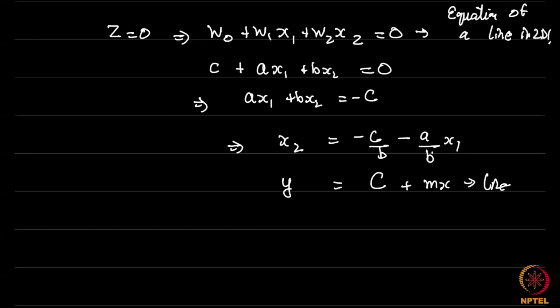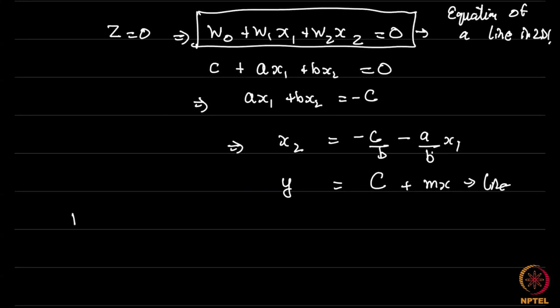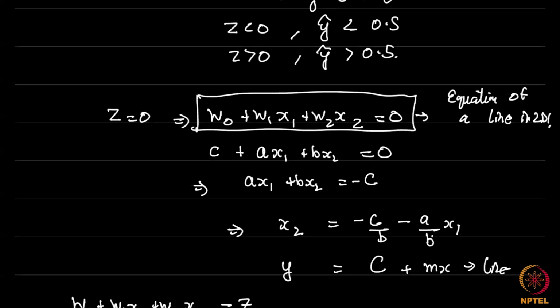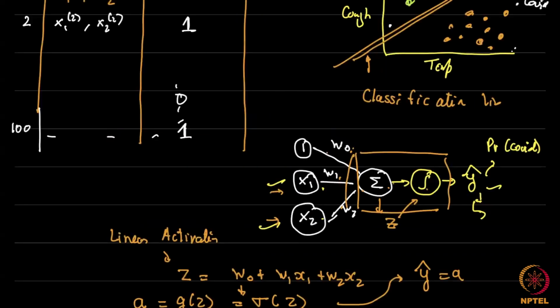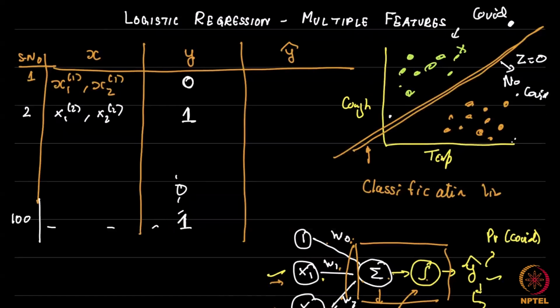Similarly, z in general is W0 plus W1 x1 plus W2 x2. Now you might have to brush up your 2D analytical geometry to remember this, that this essentially is the perpendicular distance. So suppose I look at this point x1 and x2 and I want this distance, that will exactly be z.